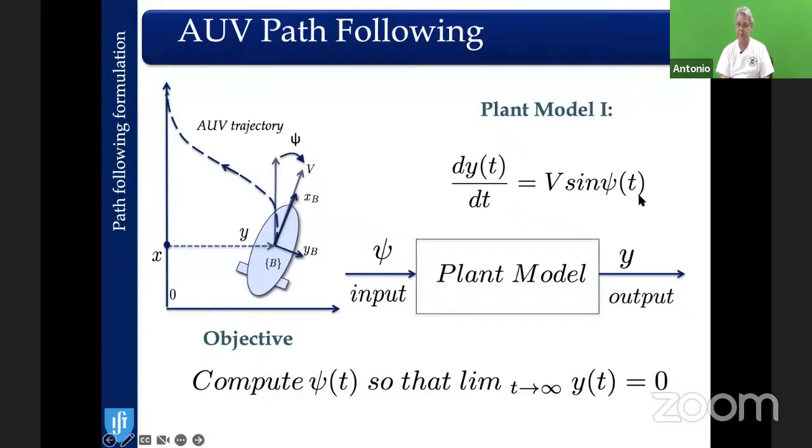This is obvious, okay? So if psi is positive, this gives you a positive value and y will increase. If psi is negative, then it will start decreasing. So this is what we call a plant model, where the input is psi and the output is y.